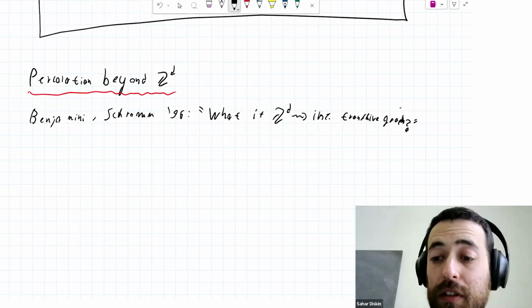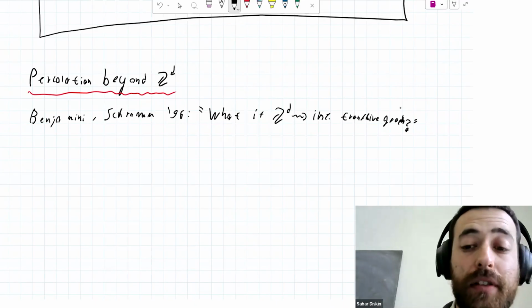And just to motivate you, what are examples of infinite transitive graphs?